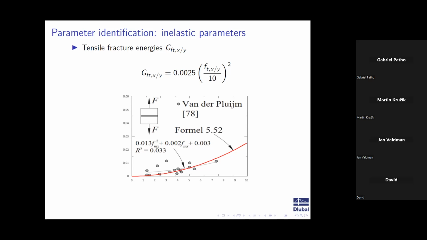I think we will not be really that far away. If you think about clay, at least in itself it is very similar. These experiments were done on concrete with maximum aggregate size of 8 millimeters, so very fine concrete. I think that qualitatively, at least, we can be very close.